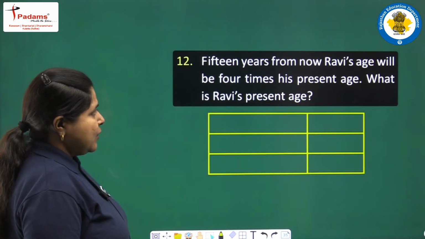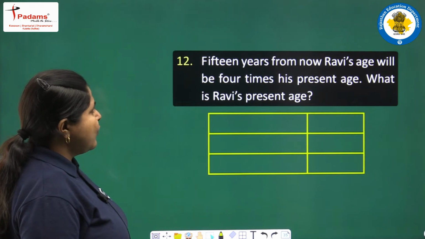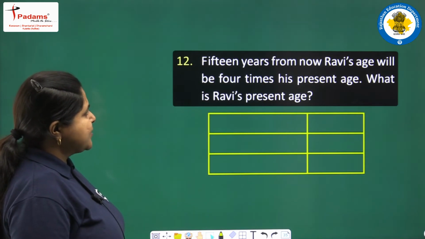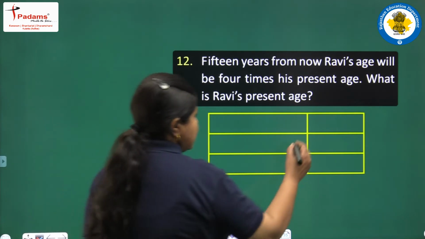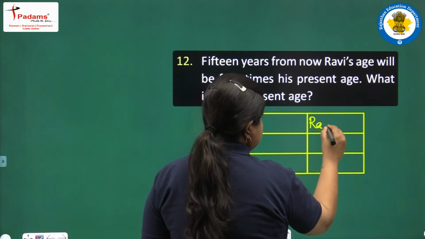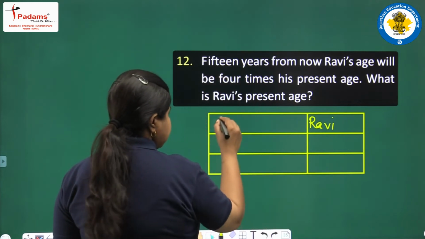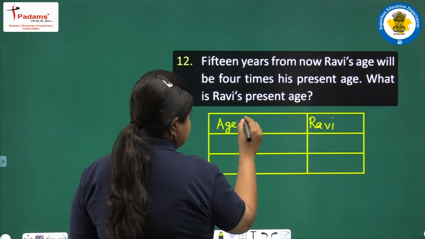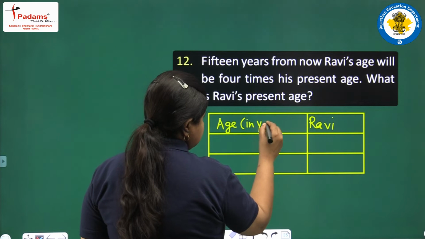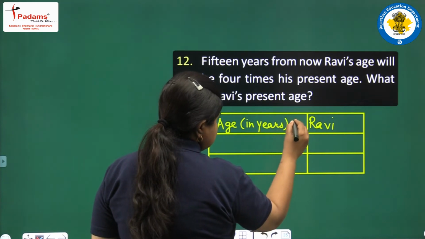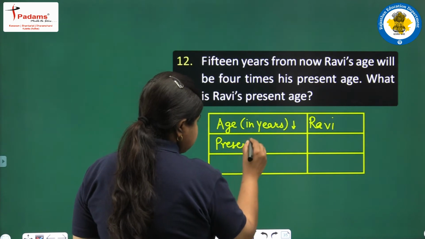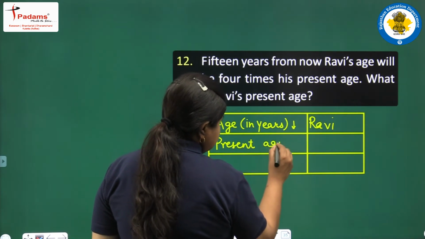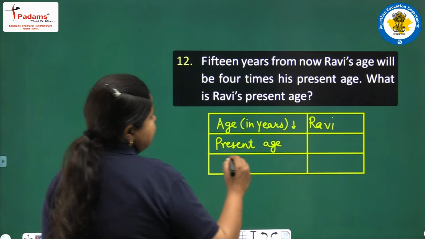15 years from now, Ravi's age will be 4 times his present age. What is Ravi's present age? We have one column and that too for Ravi. Now we will write his age in years in these columns. First we will write the present age. We are assuming it to be, say, x.